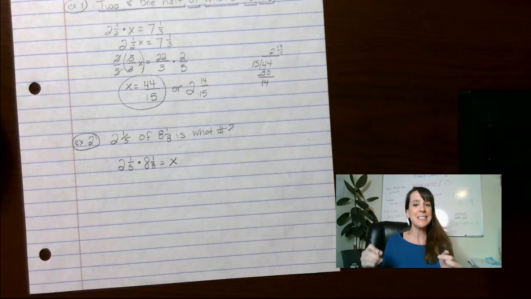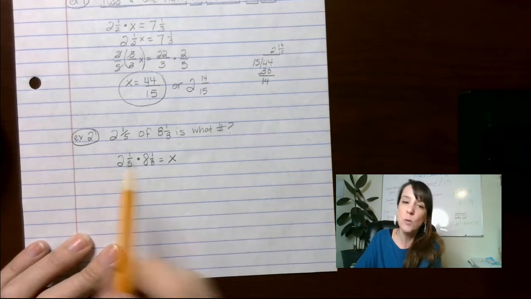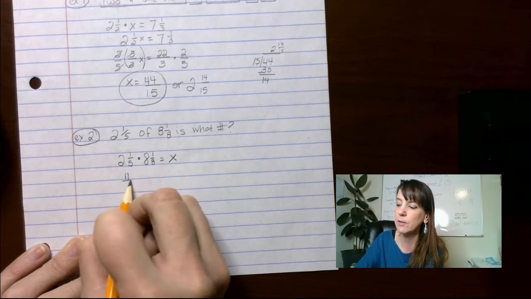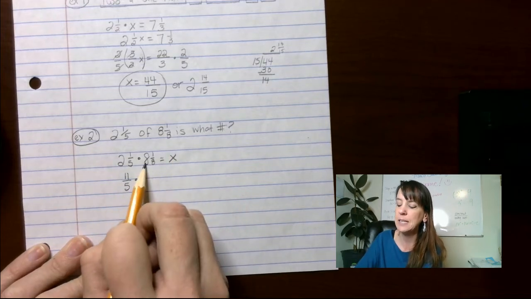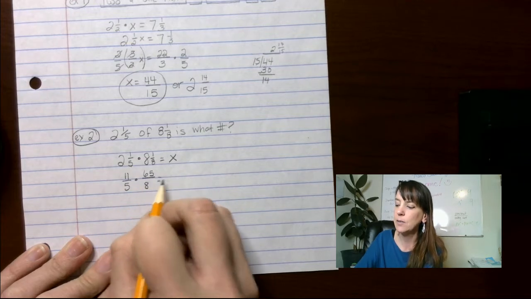Is X. Now guys, X is already by itself, so we don't have to do any multiplying by the reciprocal. You just leave it the way it is. However, we do have to convert these into improper fractions. This times this is 10 plus 1 is 11, so 11 over 5 times 8 times 8 is 64 plus 1 more is 65 over 8 equals X.